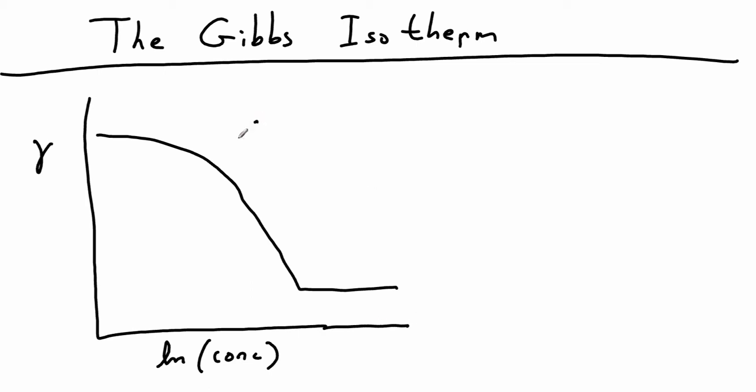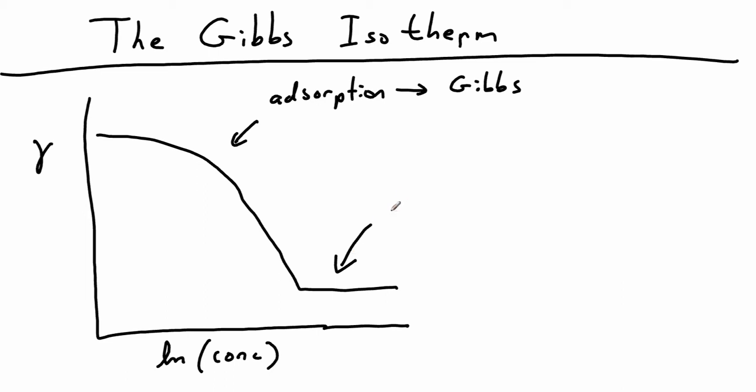Well, this part of the curve, all we have going on is adsorption, which we're going to model with our Gibbs isotherm. Over here, it looks like we're adding in more surfactant, yet the surface tension's not going down.